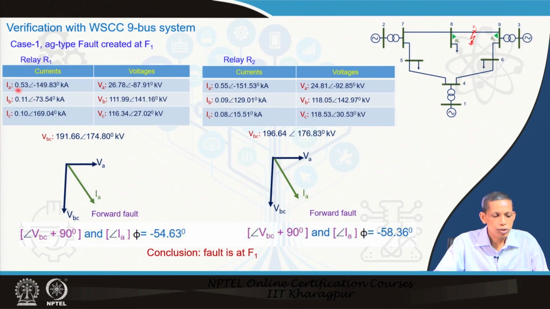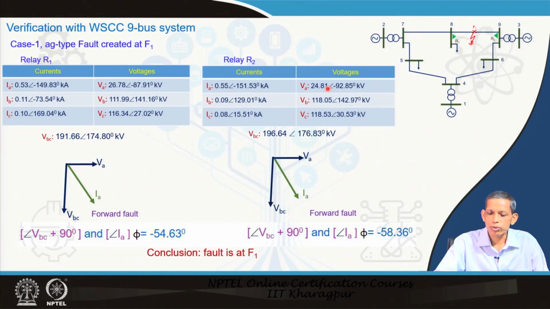Now, phase A current is 0.53, phase B is 0.11, phase C is 0.1. This is a phase A to ground fault, and this is clearly observed here. VA is much lower than VB and VC.